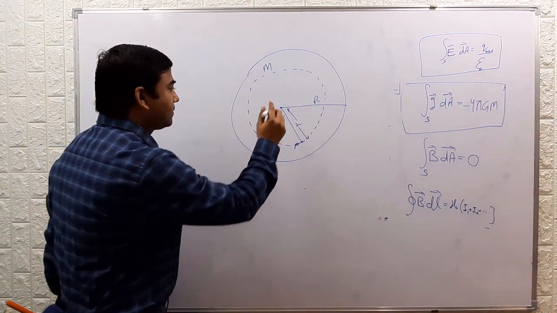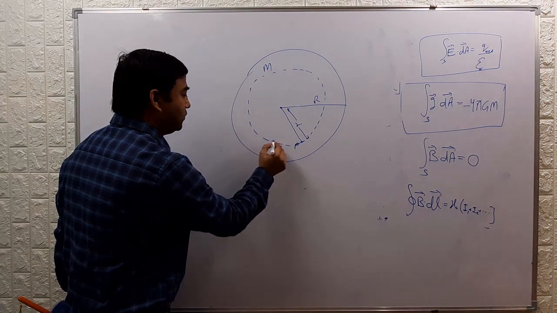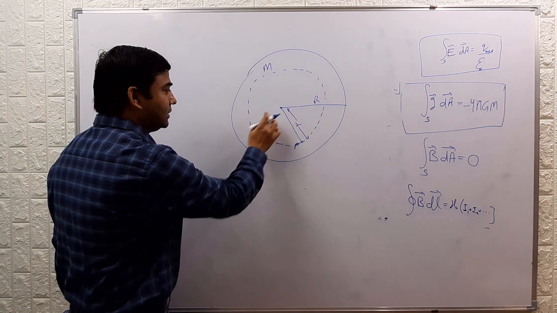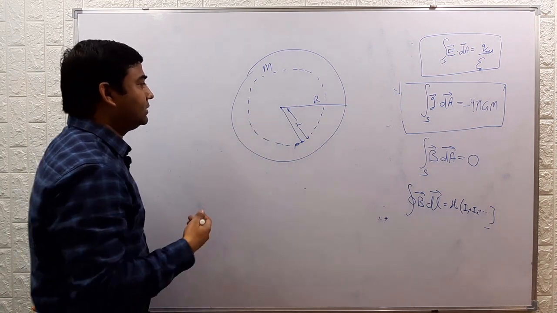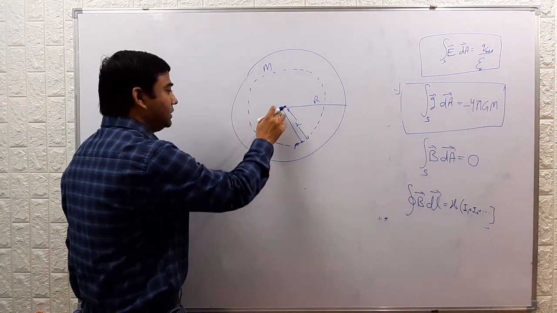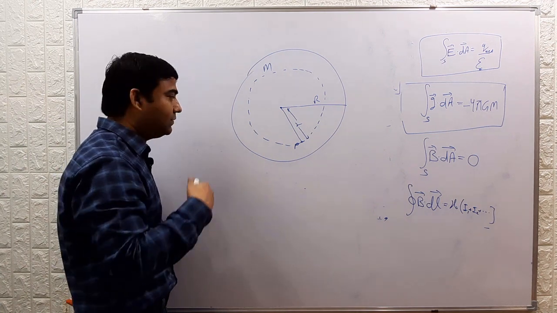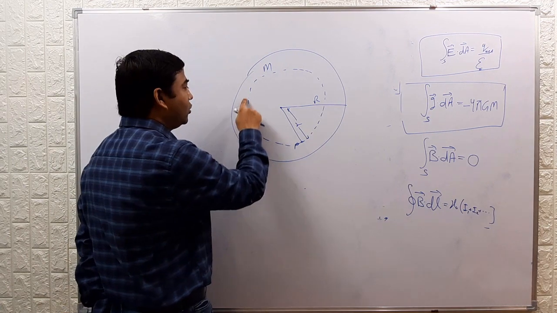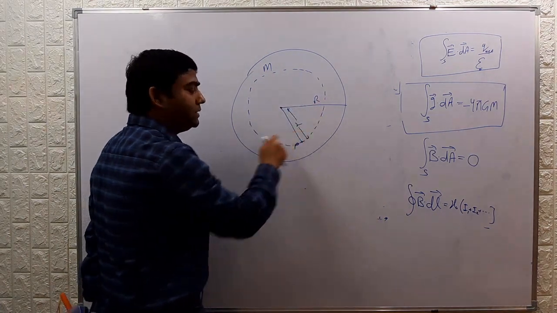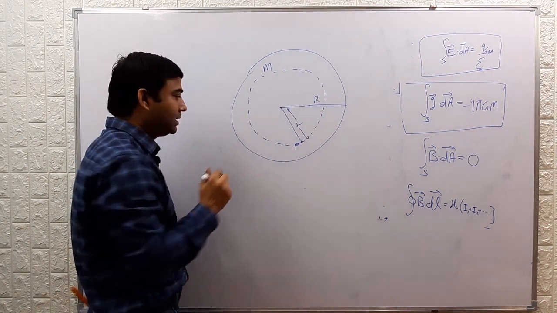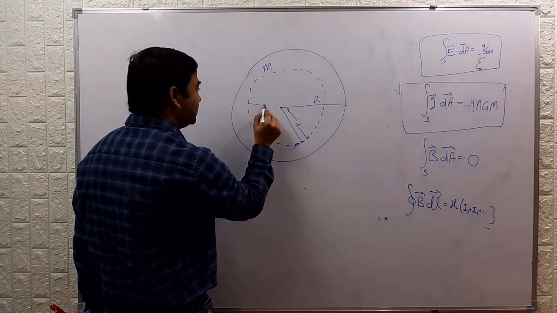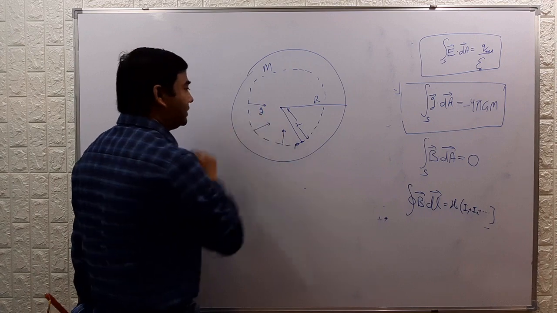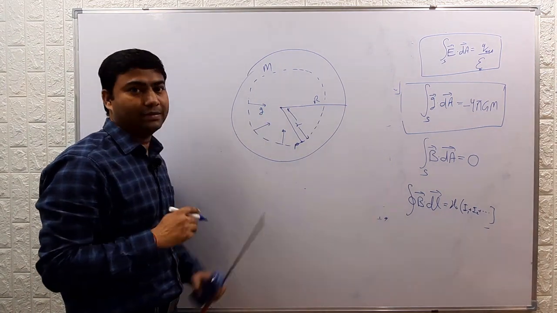Now we know all points on this Gaussian surface are symmetric because they are at equal distance from the center. So they will carry the same physical property. Hence, the gravitational field at all these points on the Gaussian surface will be the same in magnitude, and the direction will be towards the center. Direction of G is towards the center by Newton's law.